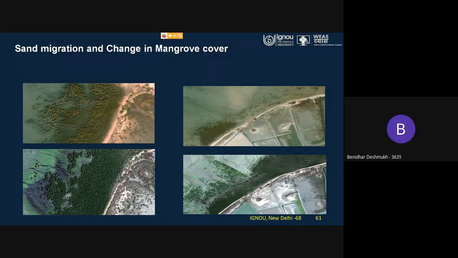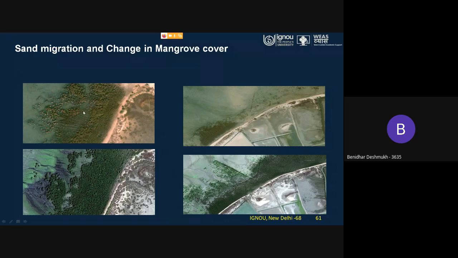So we also need to properly identify the area which is most suitable based on different parameters, including the landform and many other parameters. Then we should be identifying the sites that are suitable for planting any kind of plants.